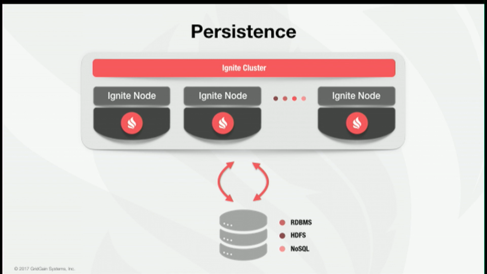But this approach has several disadvantages. So it works, right? So if you lose your cluster, you can restart it and you can reload the data. But if you have to reload the data, it means that the system becomes unavailable for a significant amount of time. Because if you have a large data set, it takes time to reload the data.